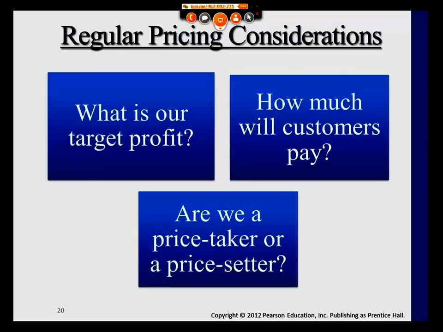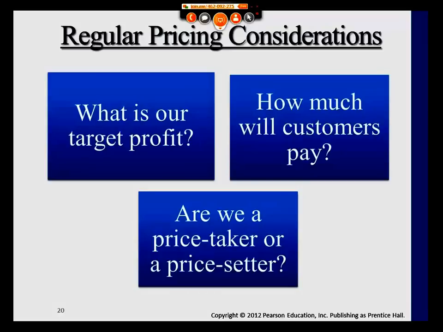And it's because once I'm not hitting the target profit, something is not right in my operations. So when I'm setting my targets, I want to really make sure I'm hitting them, so that my stockholders are happy.